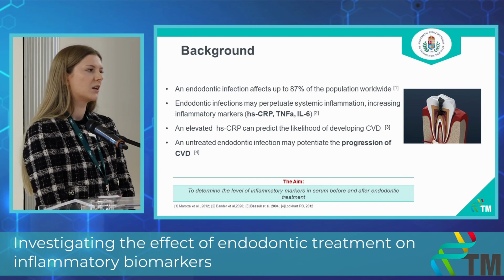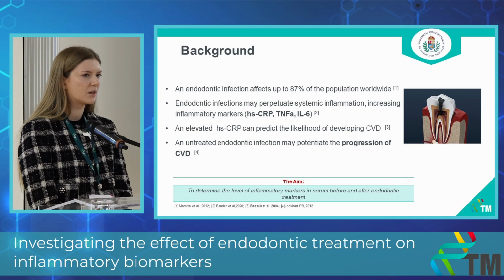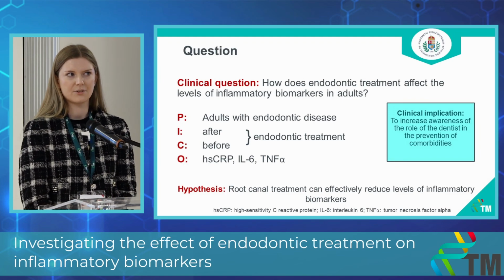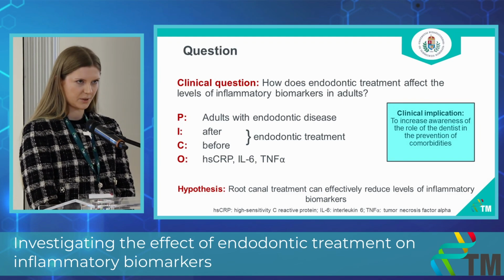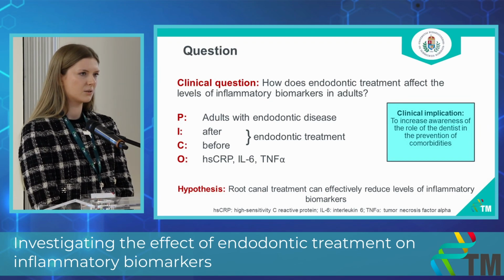Our aim is to determine the level of inflammatory biomarkers in serum before and after endodontic treatment. Our clinical question: how does endodontic treatment affect levels of inflammatory biomarkers in adults? Our population is adults with endodontic disease.